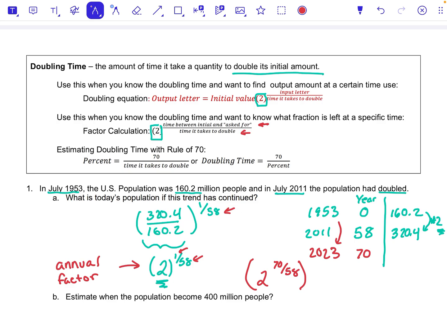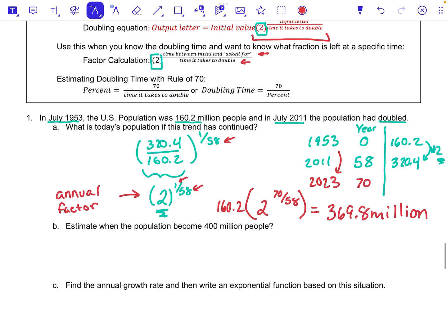And then I'm going to multiply it by my initial amount, 160.2. I would end up with a total population in 2023 of 369.8 million people. Hopefully from that you can see some of the trends from our earlier problems. We just now have some special cases to make our life a little easier.